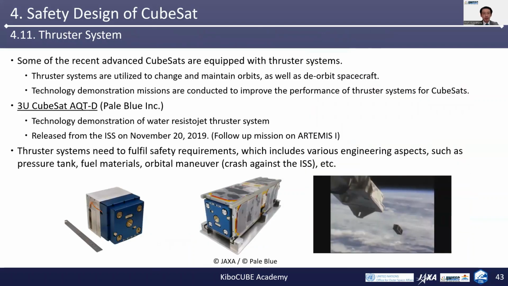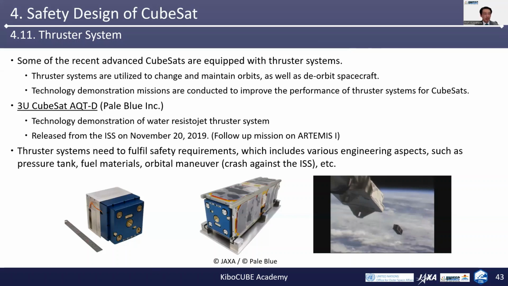The last topic of this chapter is the thruster system. Some of the recent advanced CubeSats are equipped with thruster systems. Thruster systems are utilized to change and maintain orbits as well as to deorbit the spacecraft. Technology demonstration missions are also often conducted to improve the performance of thruster systems for CubeSats.